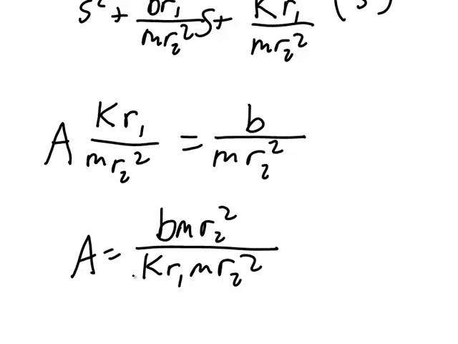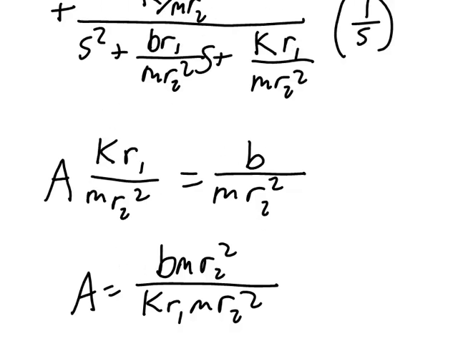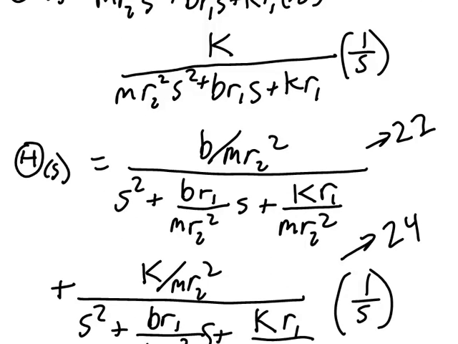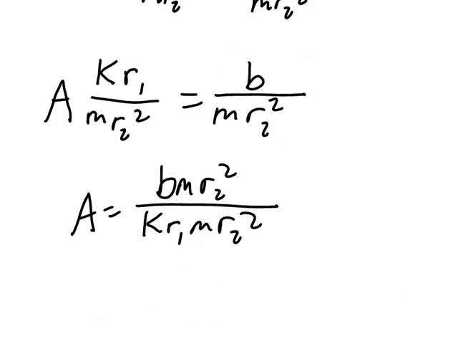Alright, so if I would take this constant that I just found and multiply that by the numerator that I have, I would get this value. So I'll simplify a little bit here. The m's cancel out and the r2 squareds cancel out.